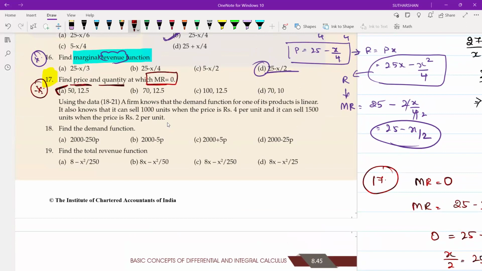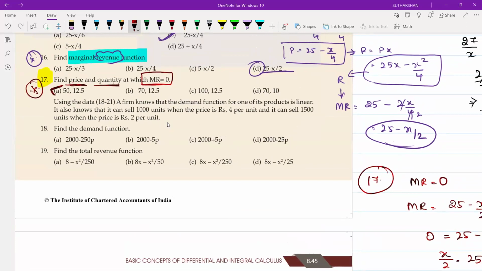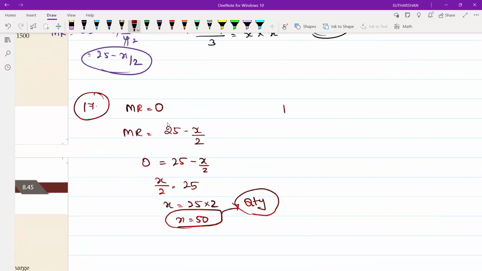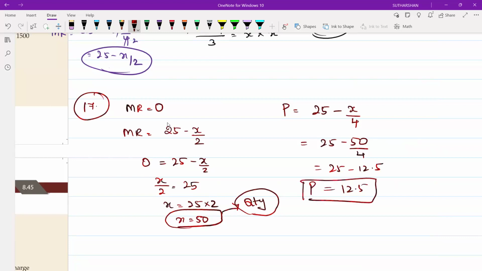For your understanding, I may go with how to find 12.5. We substitute in the price formula. Price is 25 - x/4 because I need a price. So 25 - 50/4 = 25 - 12.5 = 12.5. So price is equal to 12.5.